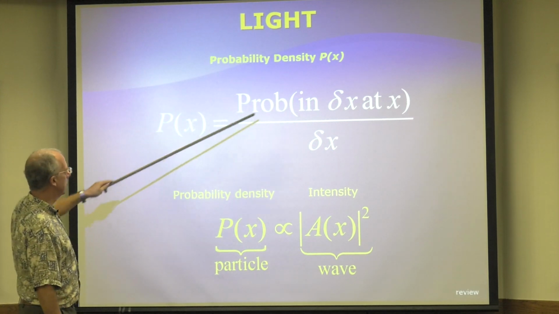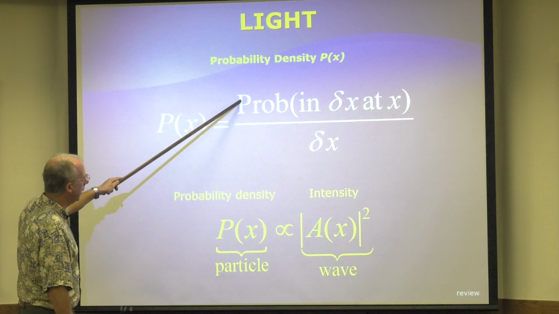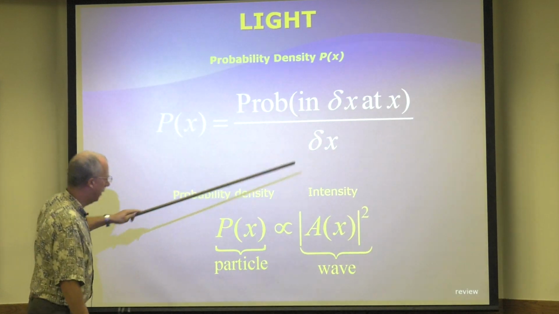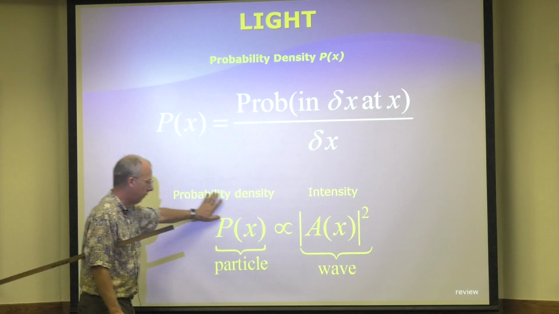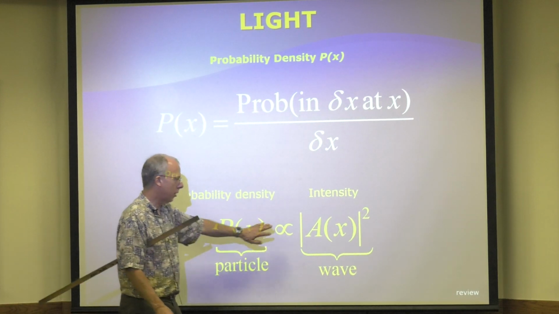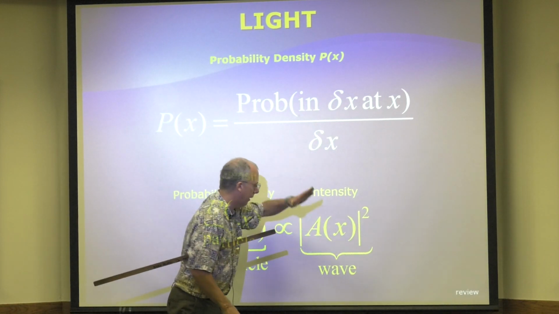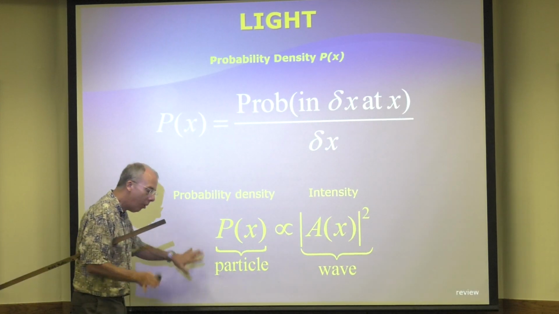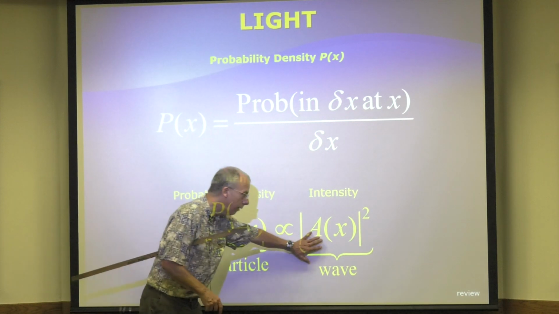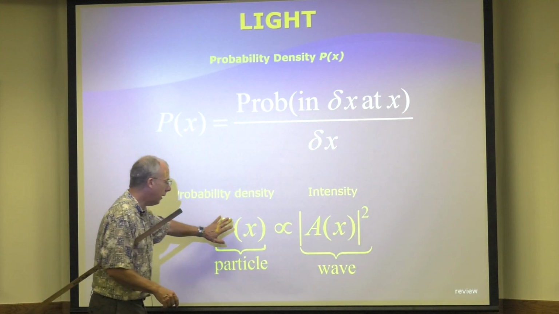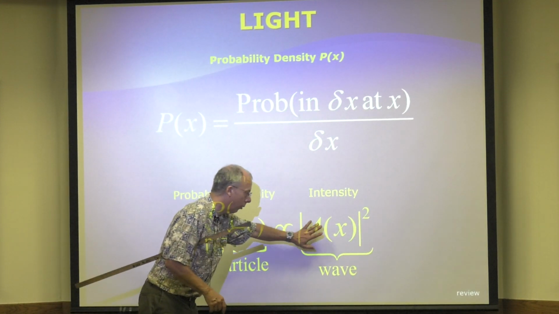For light, probability density is probability divided by length. Then we went through this whole shebang where the probability density for a particle is proportional to the wave amplitude squared, or the intensity for a wave. So this was cool because we could relate the particle model with the wave model, right? Probability density proportional to the wave intensity.